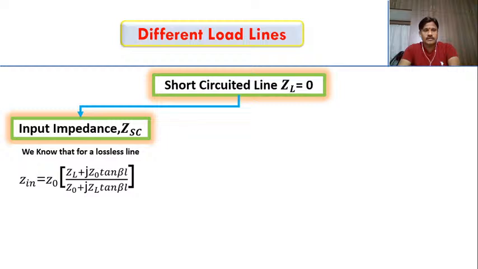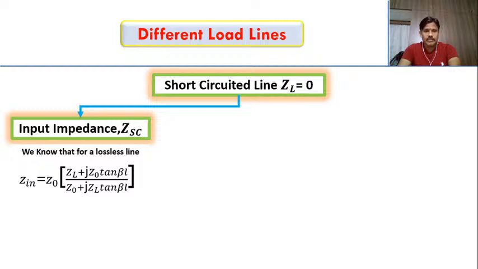In the numerator, the first term is ZL, which is 0, so the remaining term in the numerator is jZ0 tan beta L. Coming to the denominator, Z0 plus jZL tan beta L, where ZL is 0, so you get only Z0 in the denominator. This Z0 and the multiplied Z0 both cancel, and in the numerator you have only one term, that is jZ0 tan beta L.